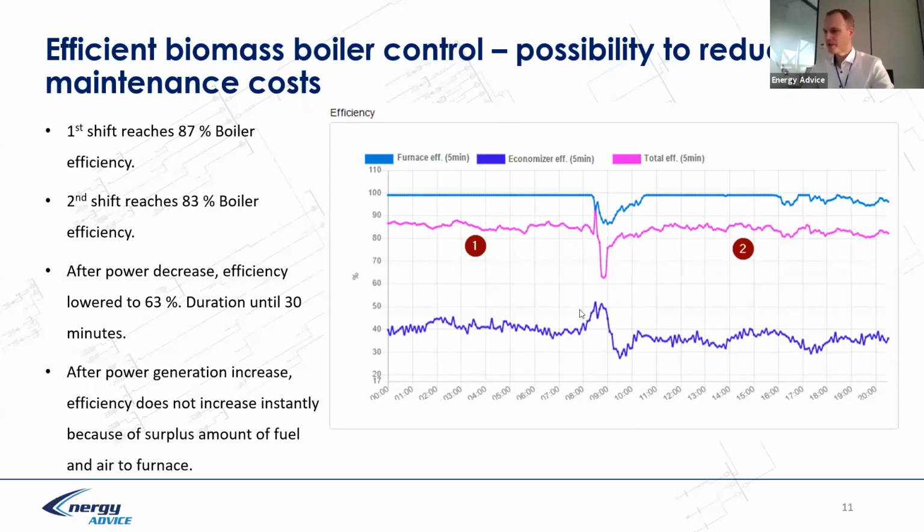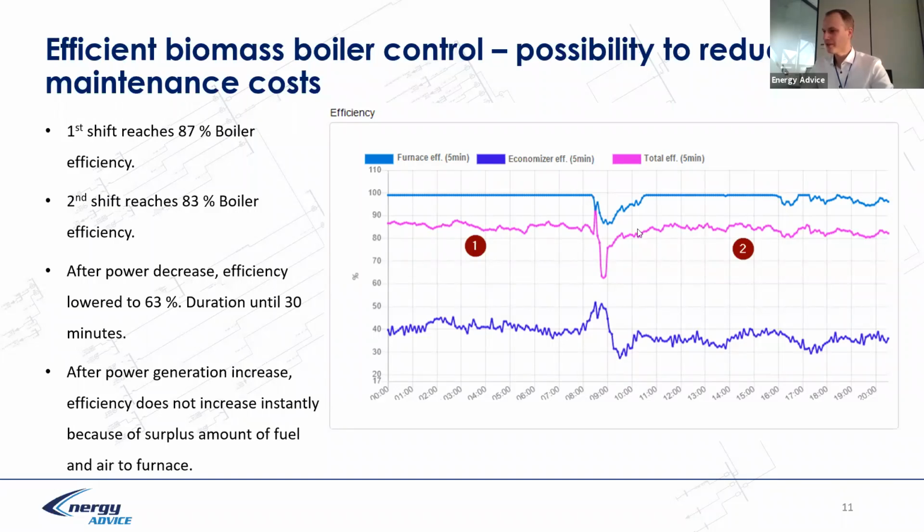After the power generation increase, here you can see another effect: there was a reduction of the heat demand, and then an increase of the heat demand. It's quite strange, because during a reduction of heat demand, a boiler usually operates at better efficiency since there is less heat demand.